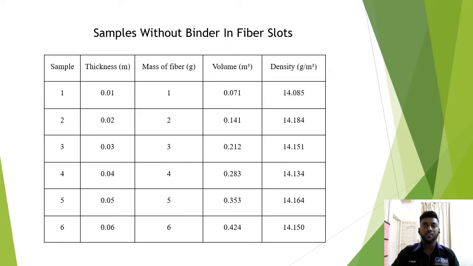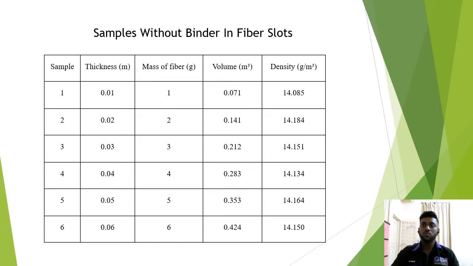So this table is used to show the parameters or measurements or data of the samples without binder in the fiber slot. There are 6 samples with different thickness from 1 cm to 6 cm. So the insertion of fiber is according to their thickness, but make sure the density for every thickness must be the same.